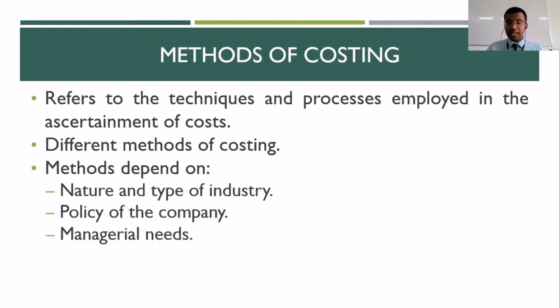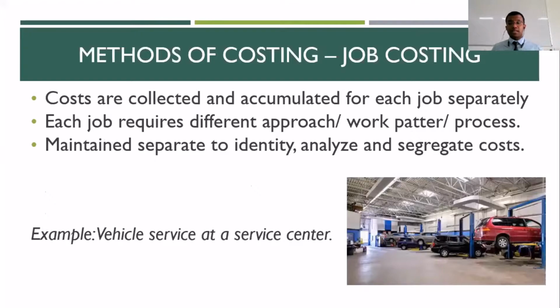So in that line, let's talk about the first method of costing. The first method of costing is what is called job costing. What is meant by job costing? So here in your business or in your organization, you have various jobs.